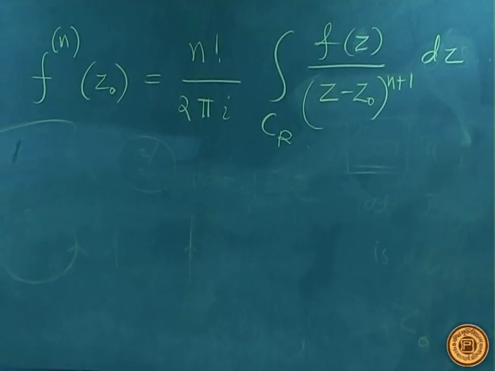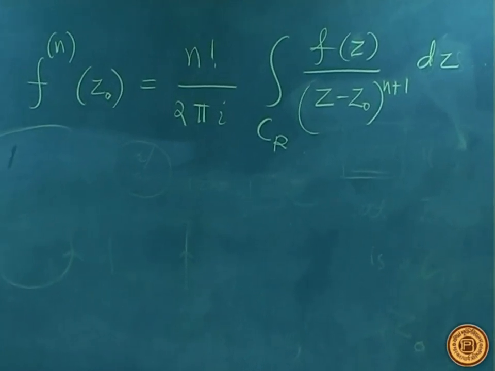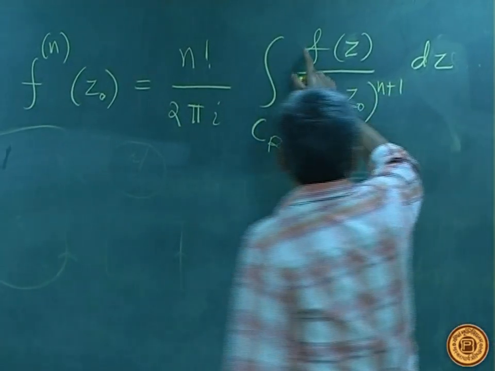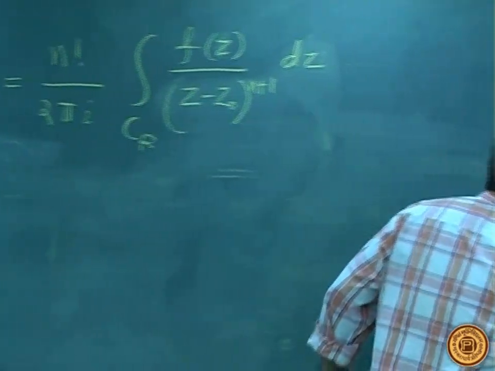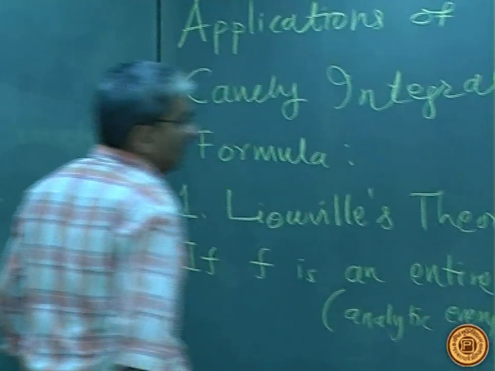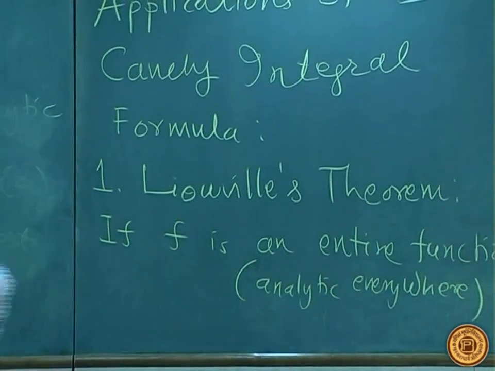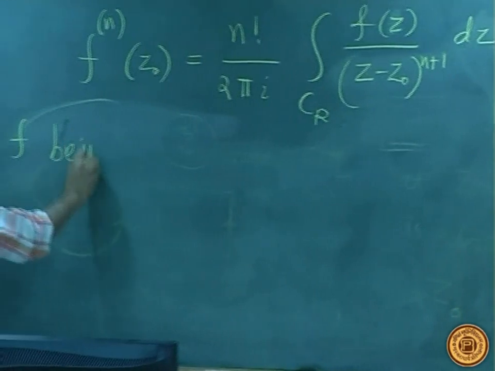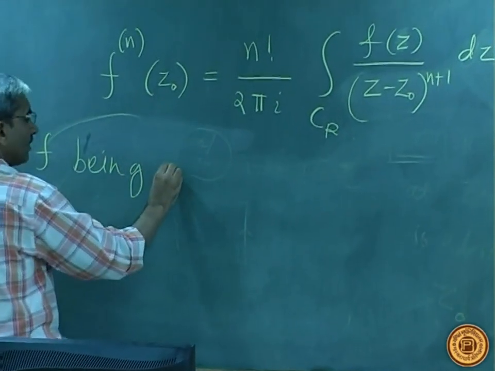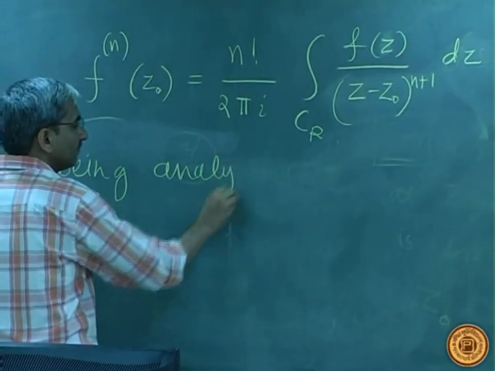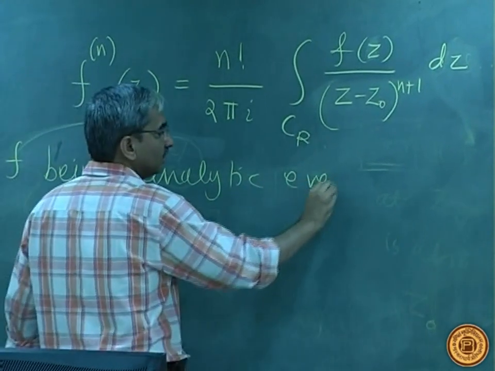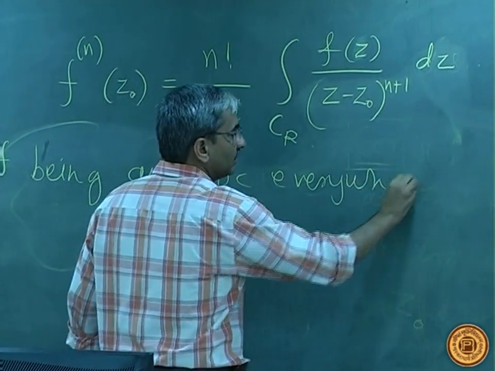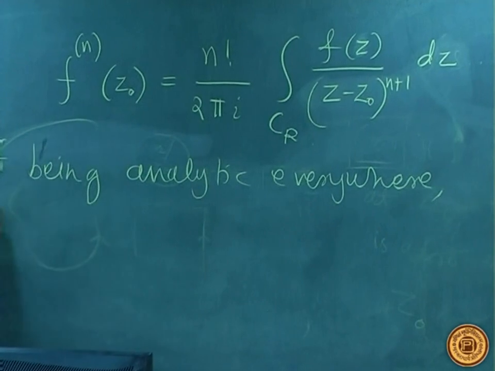Now what is f? f is analytic. Where is it analytic? It is analytic everywhere because it is given to be an entire function. Since f is analytic everywhere, it is continuous.